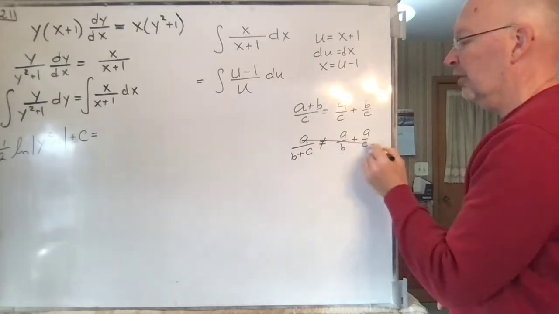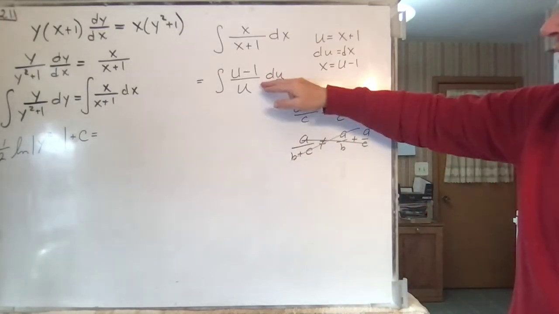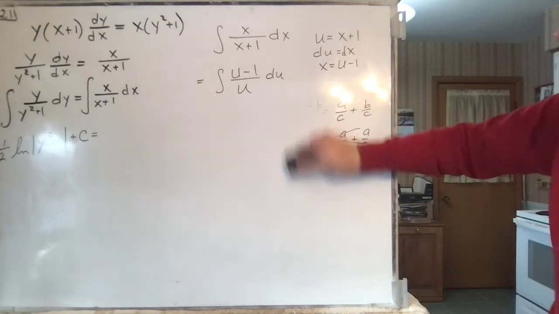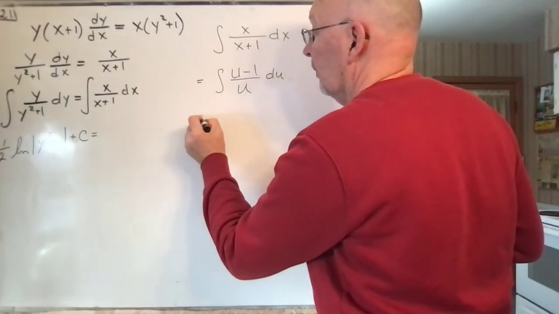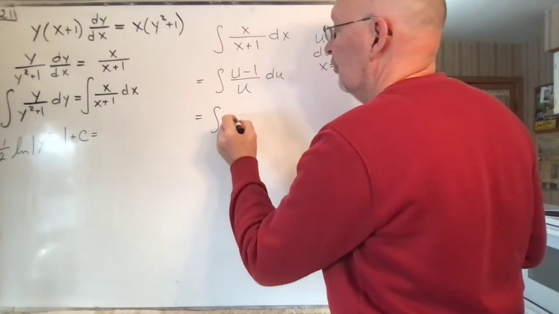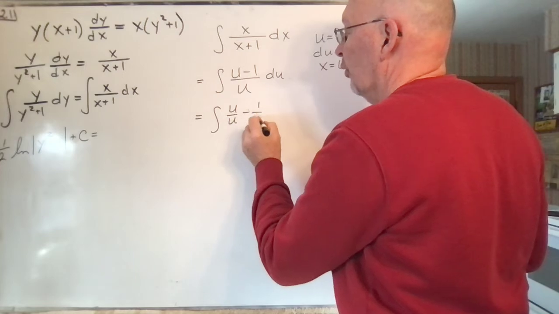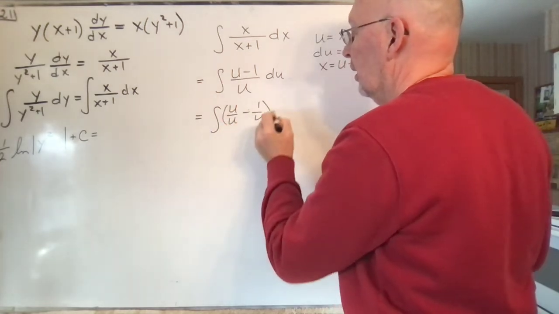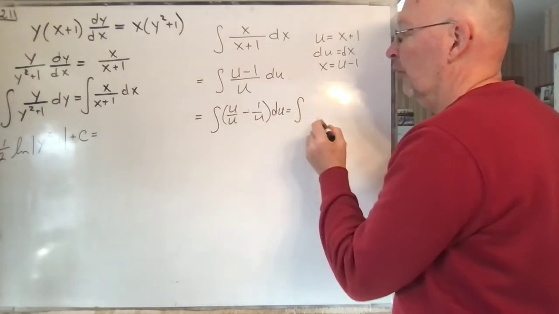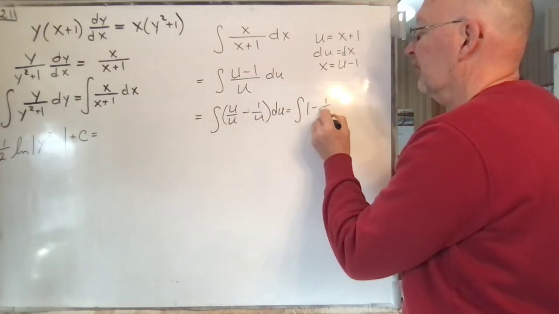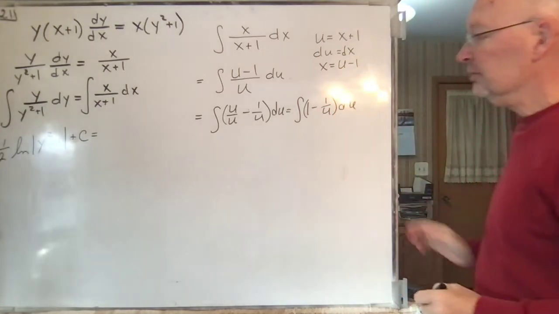You can't break up a denominator, okay? So the fact that I've written it like this now allows me to break this up into two fractions. I'm just going to get u over u minus 1 over u du. And of course, u over u is just 1. 1 minus 1 over u du.